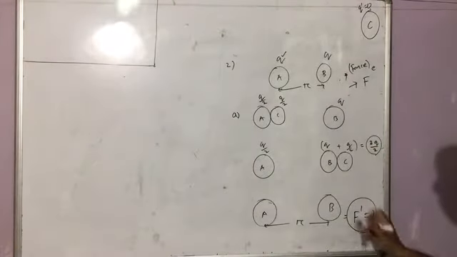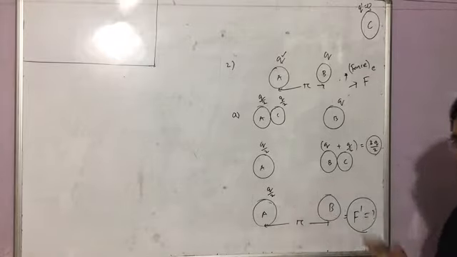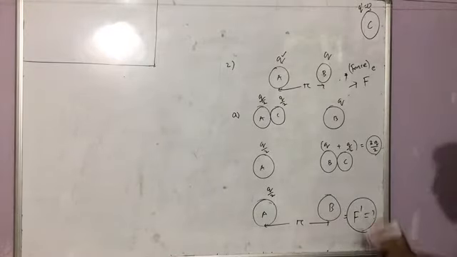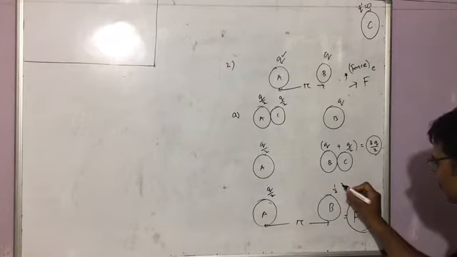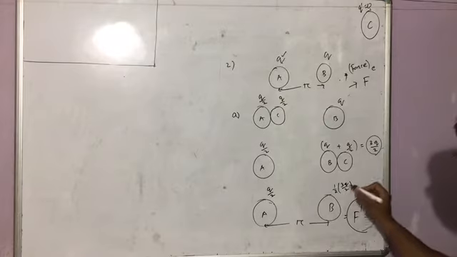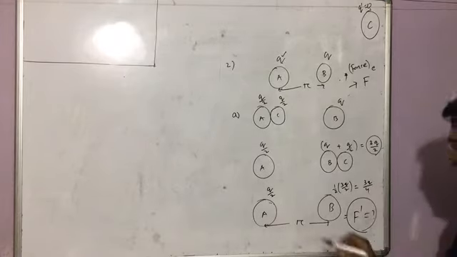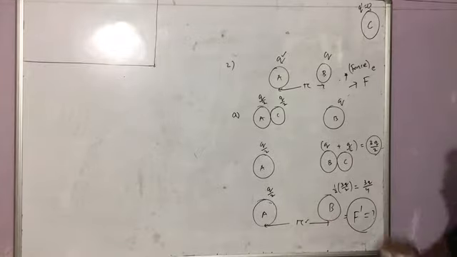So the charge on B will be half into 3Q by 2, so it will be 3Q by 4. Got it? The distance remains the same.